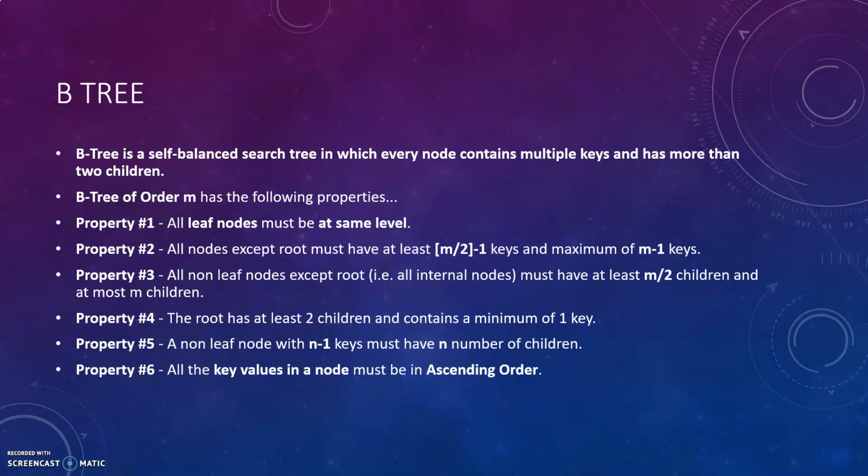For property 4, the root has at least 2 children and contains a minimum of 1 key. Property 5 says a non-leaf node with n minus 1 keys must have n children. All key values in a node must be in ascending order. These are the properties that have to be followed when any kind of operation is done on a B tree.